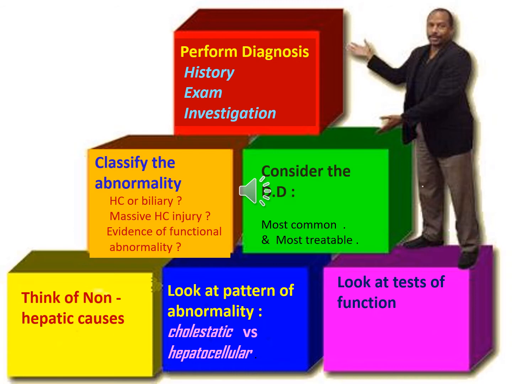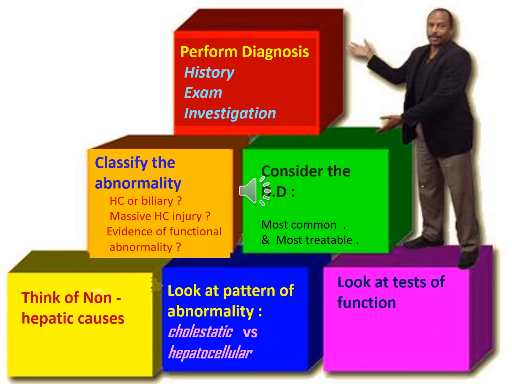Then after you answer these 3 questions, you will be able to classify the abnormality, whether we are dealing with hepatocellular or biliary abnormality. Is it massive hepatocellular injury? Is this liver a failing liver or just a diseased liver? The 4th step is to consider the differential diagnosis of each category.